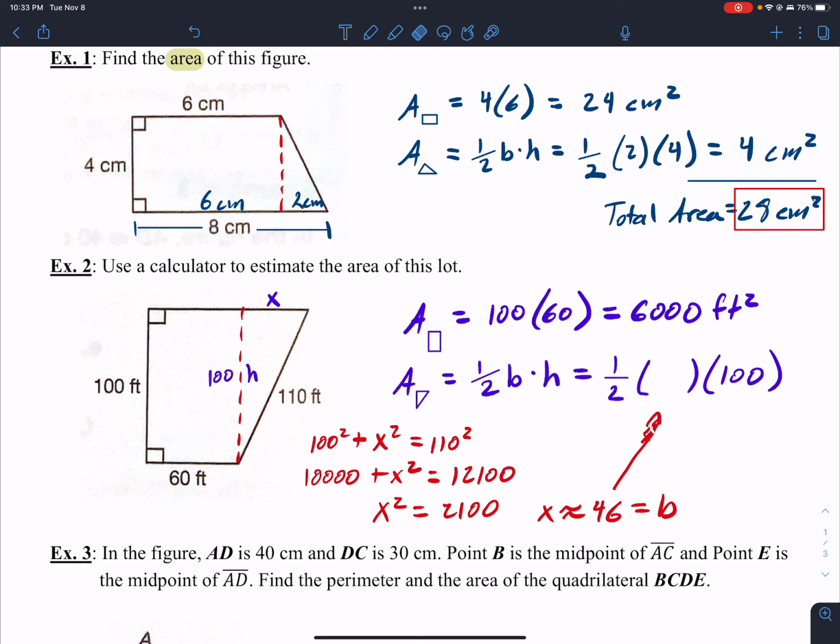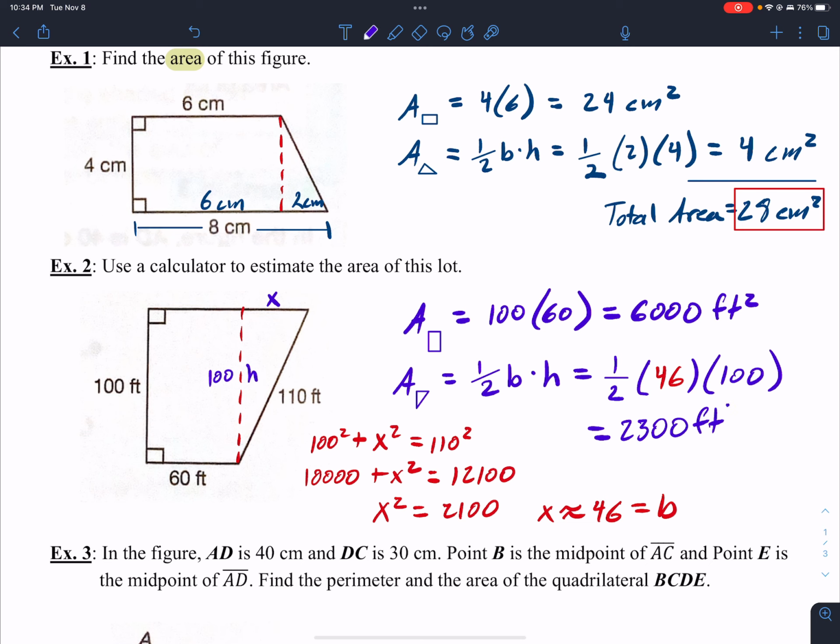All right. Again, we used the Pythagorean theorem to estimate x. And now that we know x is approximately 46, we can do 1/2 base times height, and basically it's half of 100, which is 50, times 46, which gets you 2,300.